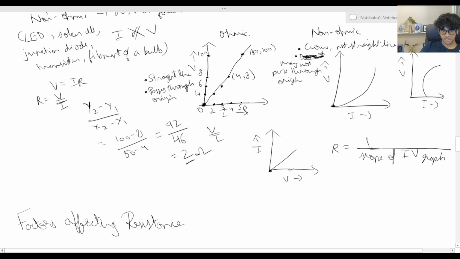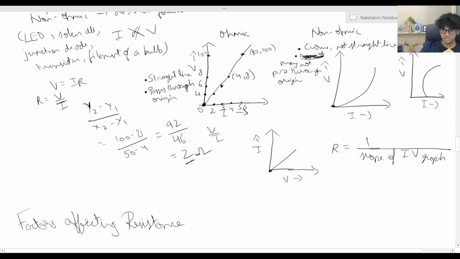So they're directly proportional. And now no matter which 2 points you take, because it's a straight line, the slope will always be the same. So no matter which 2 points you take, you will always get the resistance as 2 ohms, for this ohmic resistor.